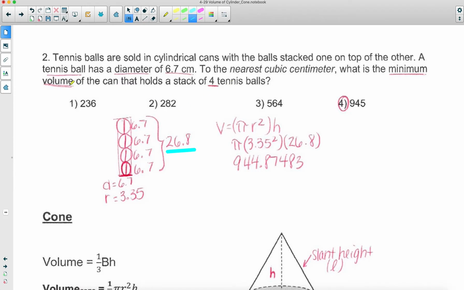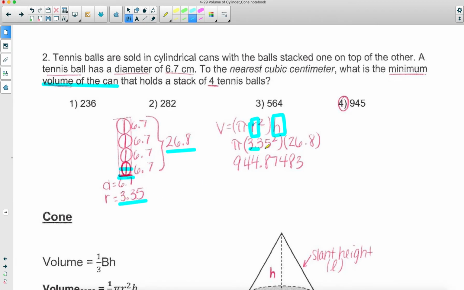Now, if you're looking for the volume of the can, which is a cylinder, I just found the height, and that's 26.8 centimeters. But now I have to find the radius, and the radius is at the base. So here, across is like going across my sphere, or my circle, my tennis ball, and that's 6.7. But if I need the radius, I have to take half of 6.7, which is 3.35.